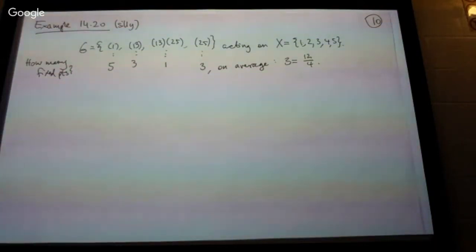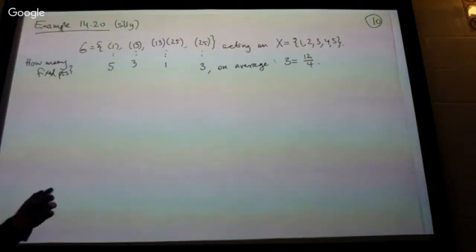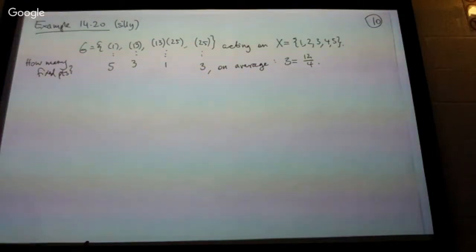It's a permutation that sends 1 to 3, 3 to 1, 2 to 2, 4 to 4, and 5 to 5, in cycle notation. Where did you get 12 from? 5 plus 3 plus 1 plus 3. Got you. Okay. And we divided it by 4 because that's how many are in that set.